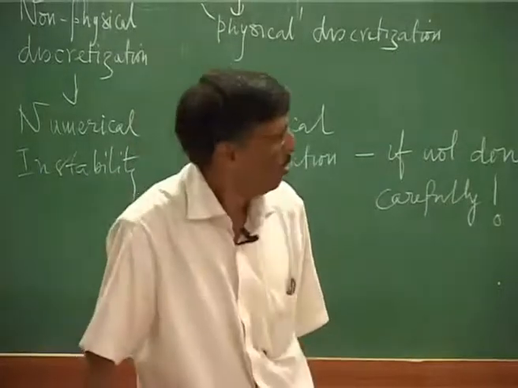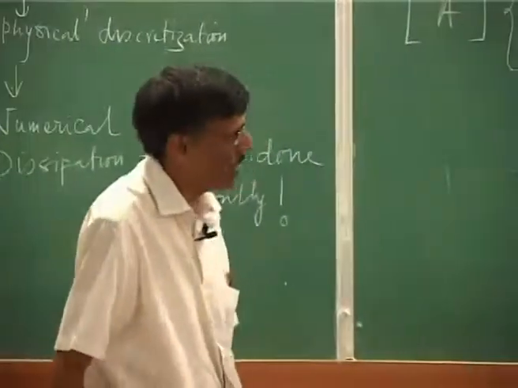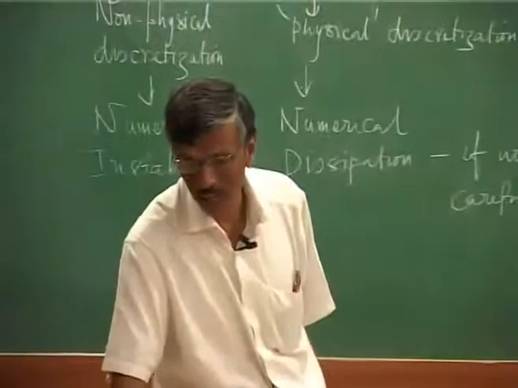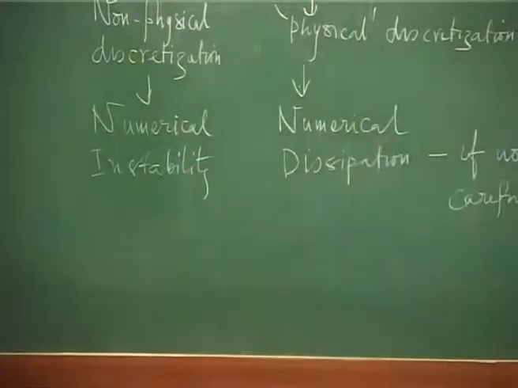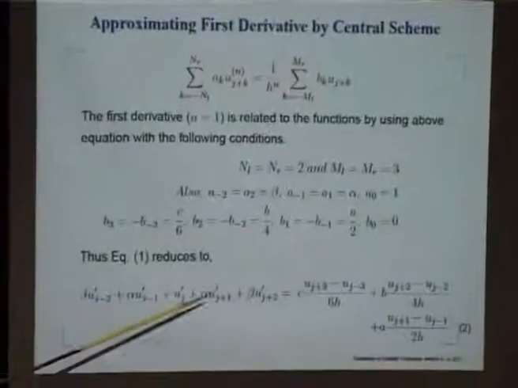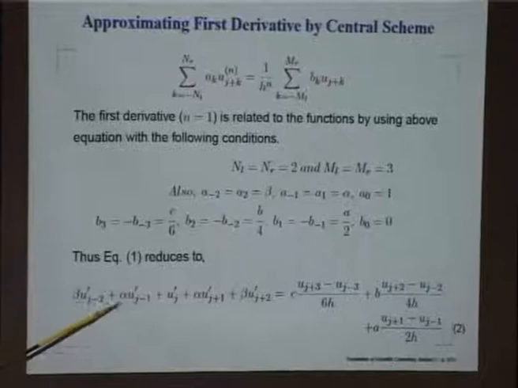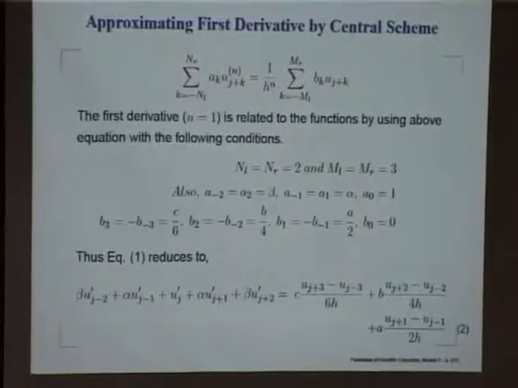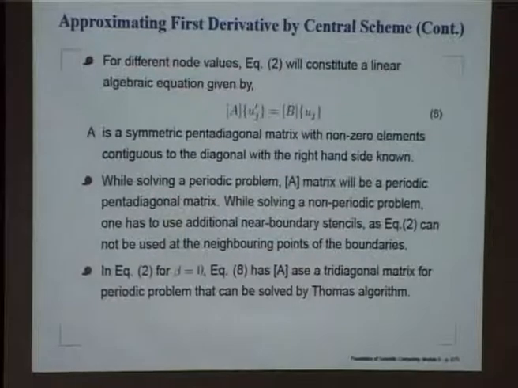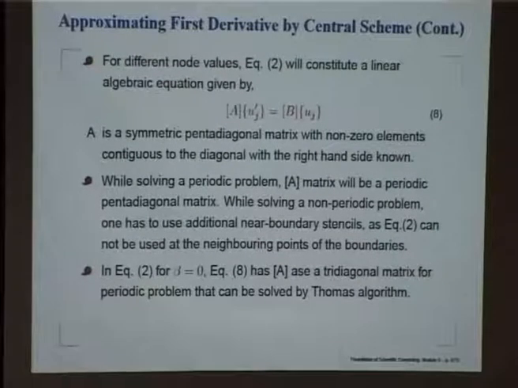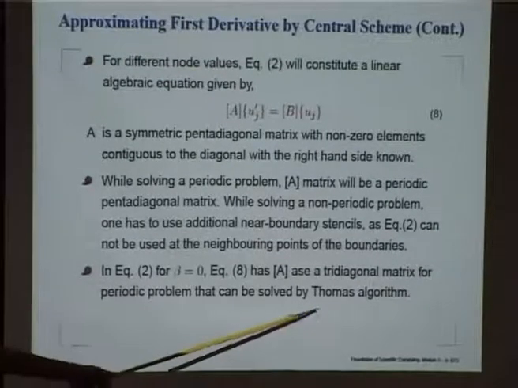So, as an aside to equation 2 that we have written here, if we somehow decide a priori that we set beta equal to 0, then on the left hand side we have a tridiagonal matrix structure. A is a tridiagonal matrix, and we already know how to handle that because we have the Thomas algorithm, and that should allow us to solve this.